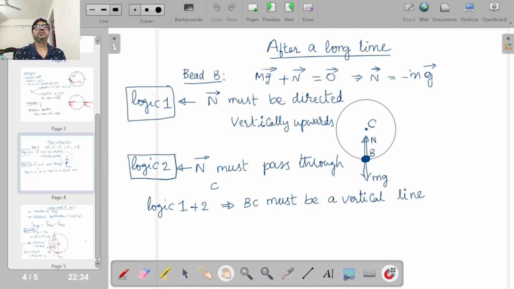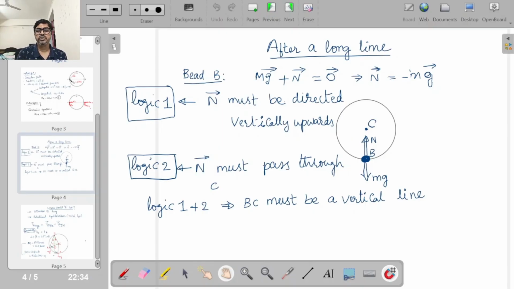Now let's focus on bead B because it is anyway not attached to the ring. So B, if you consider, there are only two forces acting on it. One is mg, vertically downward. The other one is the contact force between bead and the ring. And we have seen friction is neglected, only normal reaction.